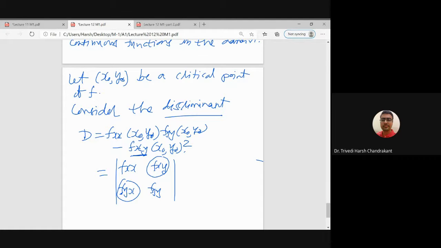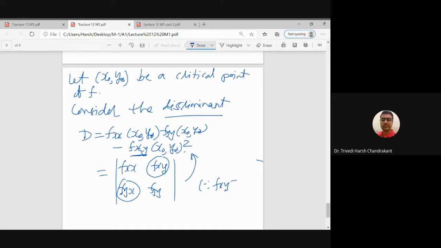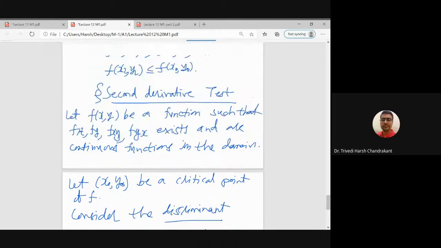If we take a polynomial like minus x squared minus y squared, then the function has continuous partial derivatives up to second order, and in that case fxy and fyx are the same. That is coming because of this condition: all are continuous functions.